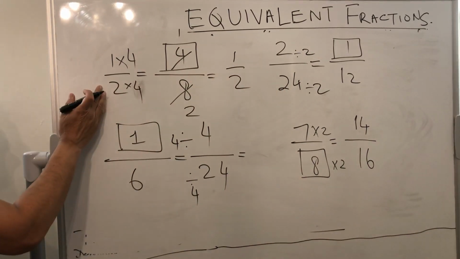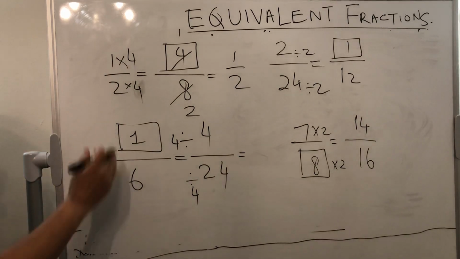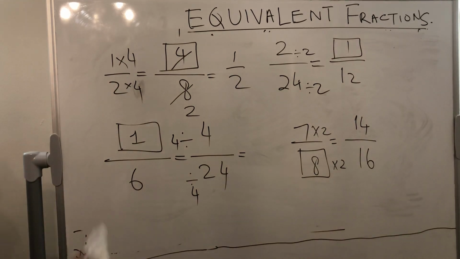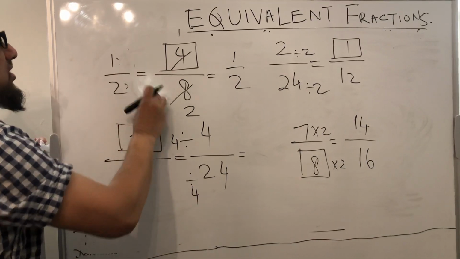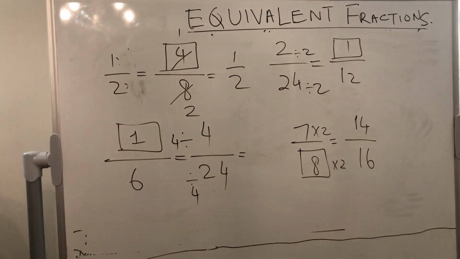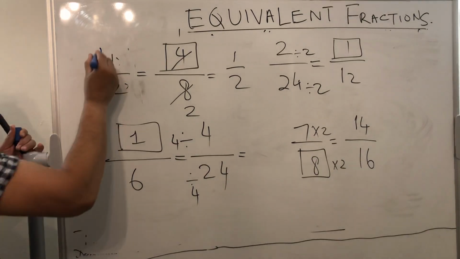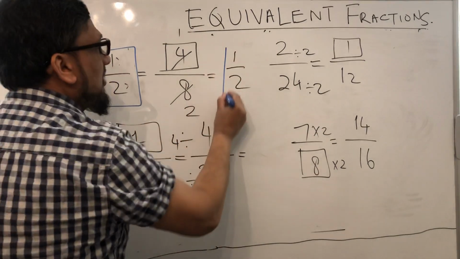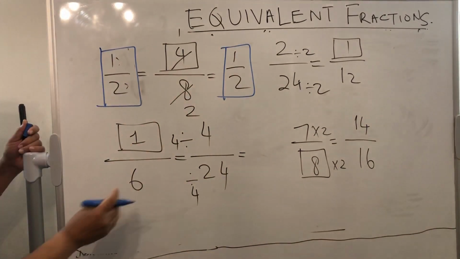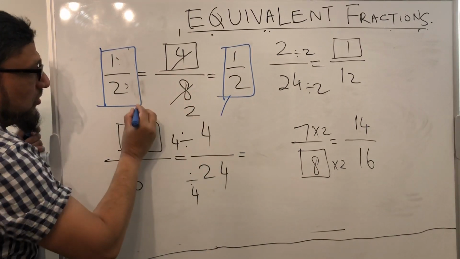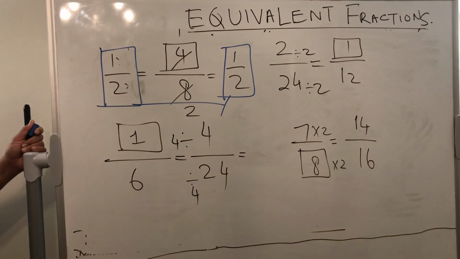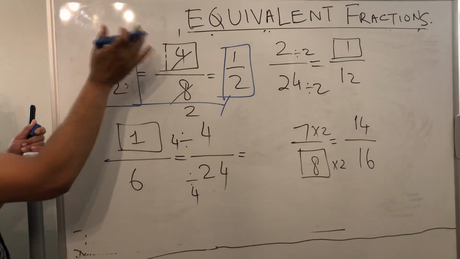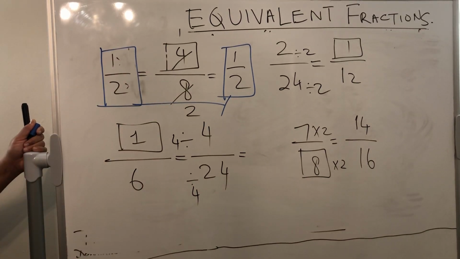And look at here, the value is 1 over 2. So if you simplify this one, the values come out the same. 1 over 2 equals 1 over 2. So the values are the same for these fractions, but the numbers are different, which is called an equivalent fraction.